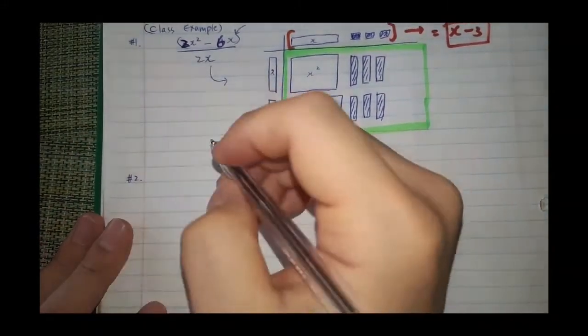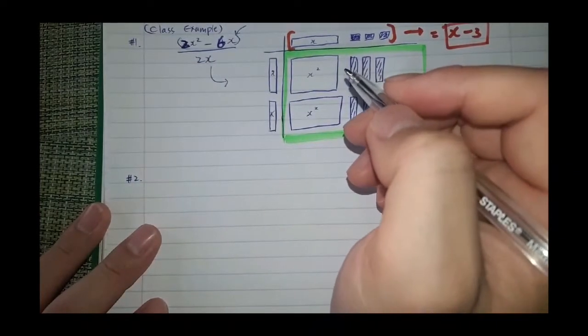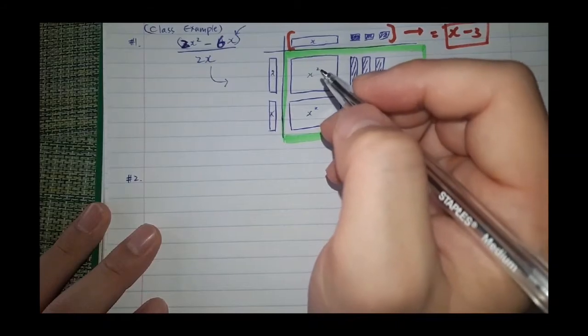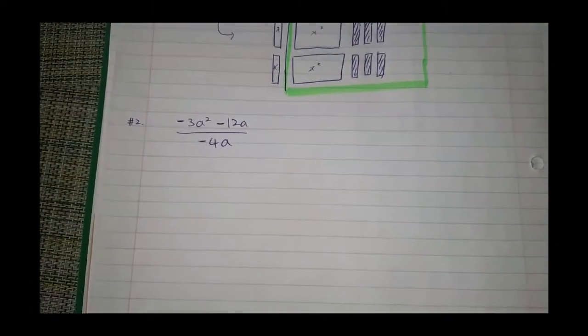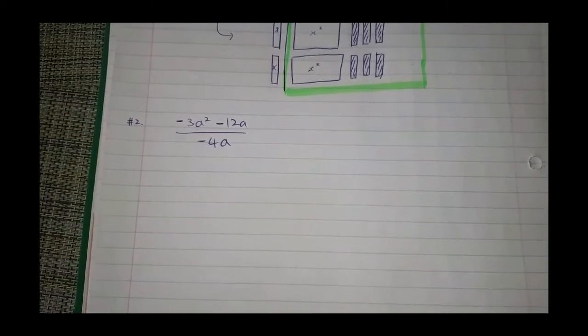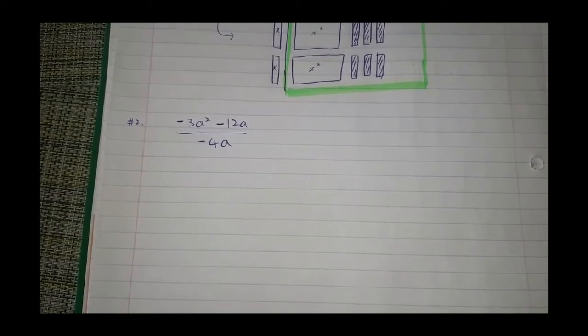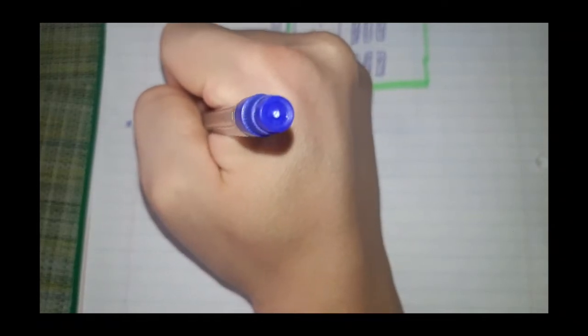I don't want to go with too big a number, so, alright, second example, I created an example over here. Oops, that's negative 8. Negative 8a squared minus 12a divided by negative 4a.